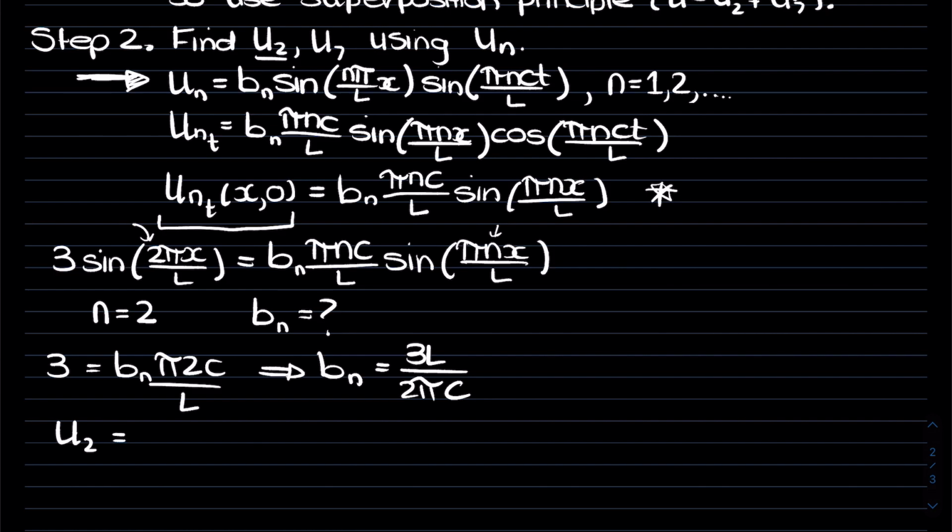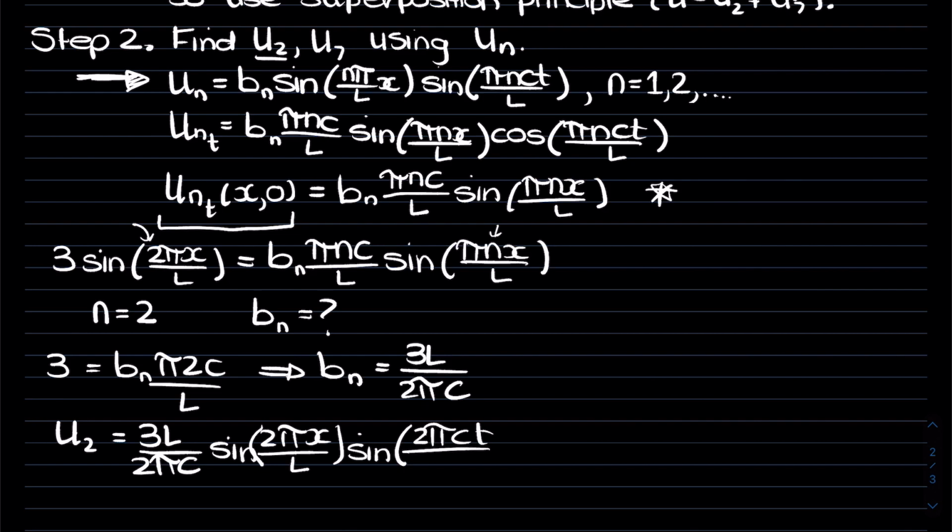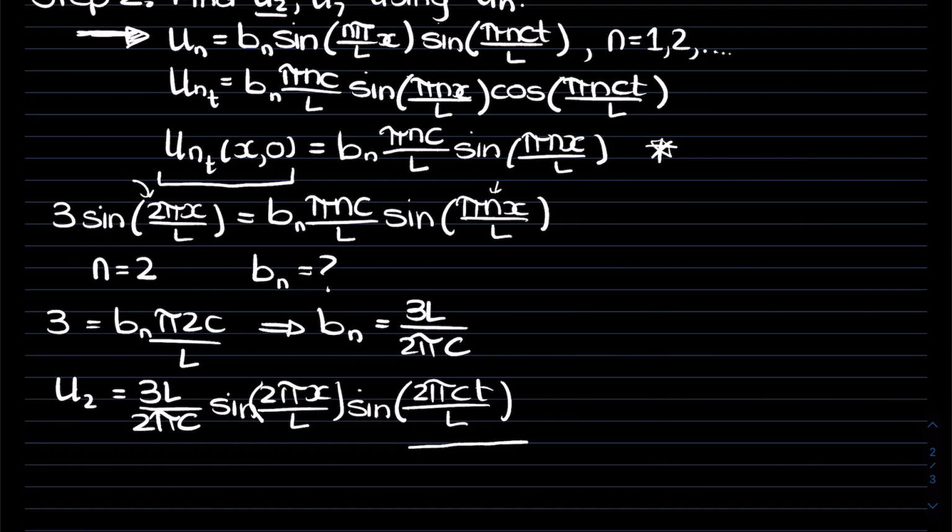So our u of 2 is going to equal 3L over 2 pi c sine 2 pi x over L sine 2 pi ct over L. So that's one of those solutions.